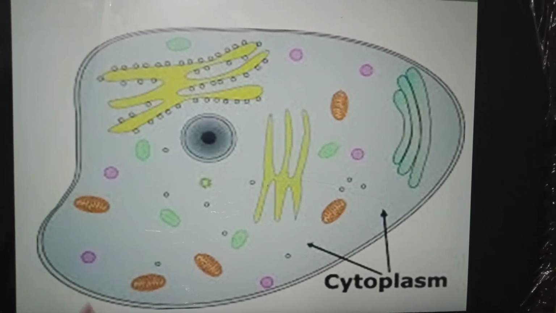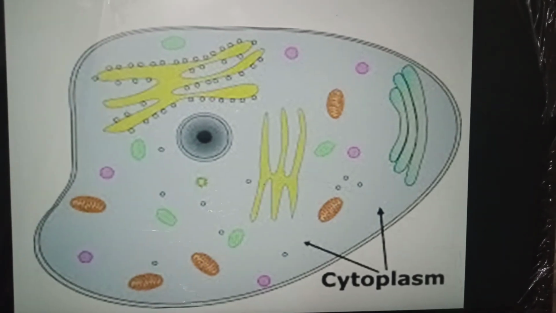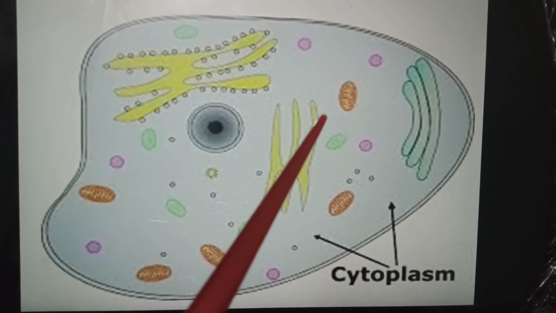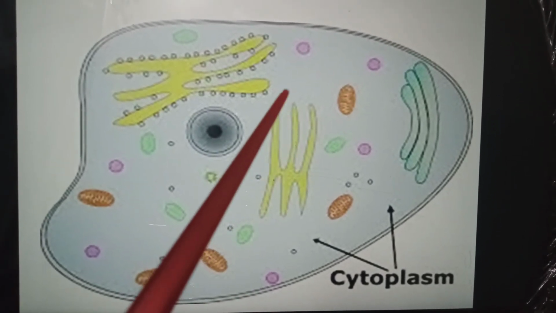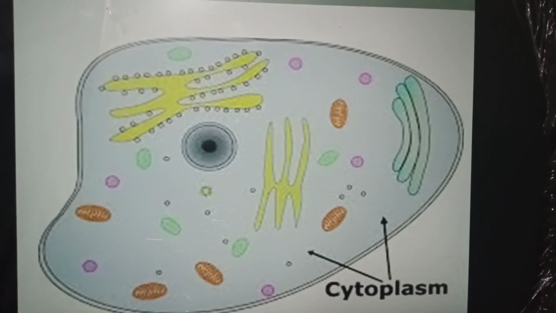This cytoplasm provides space for the proper functioning of organelles. If there were no cytoplasm, then each organelle would not work properly.